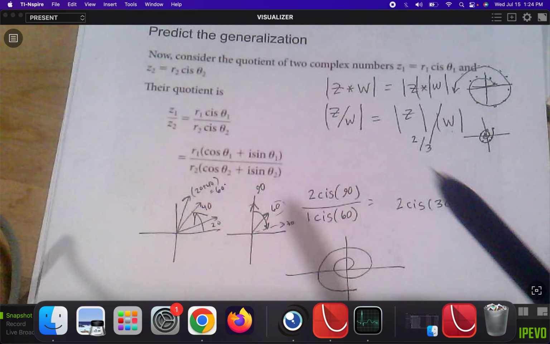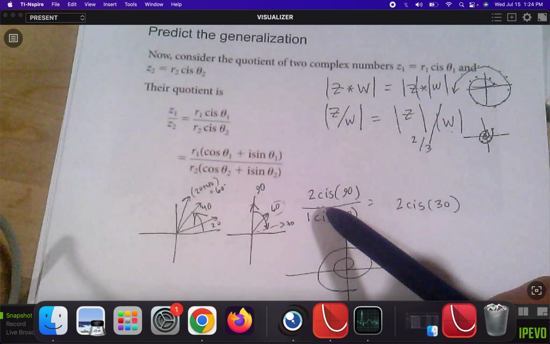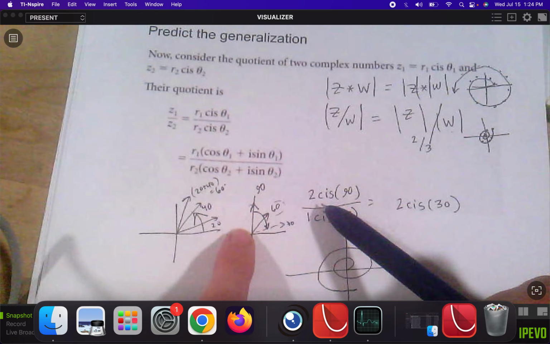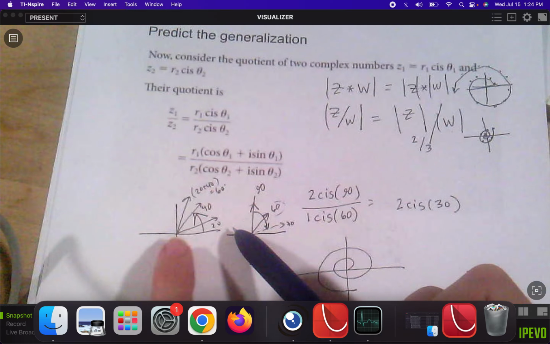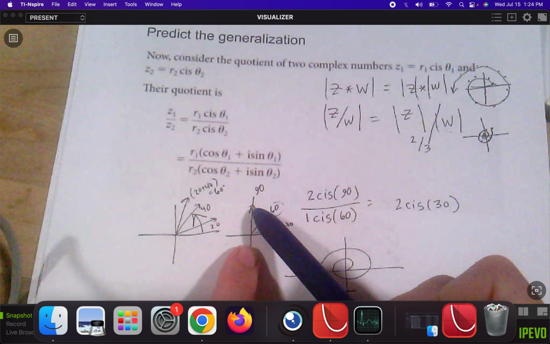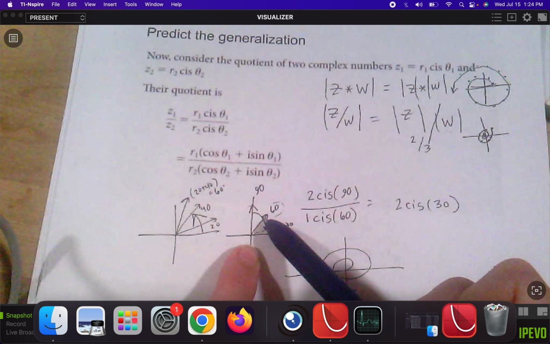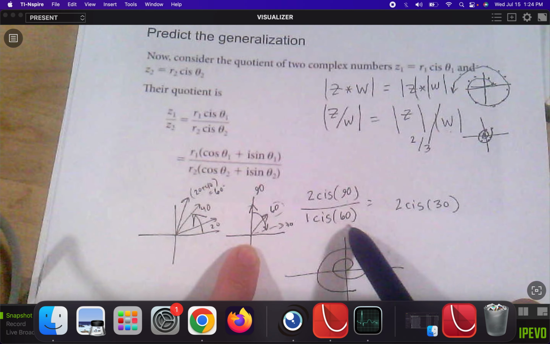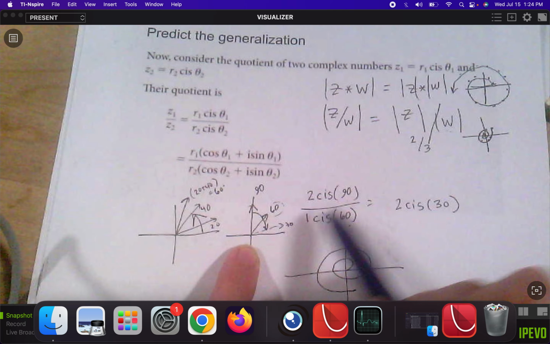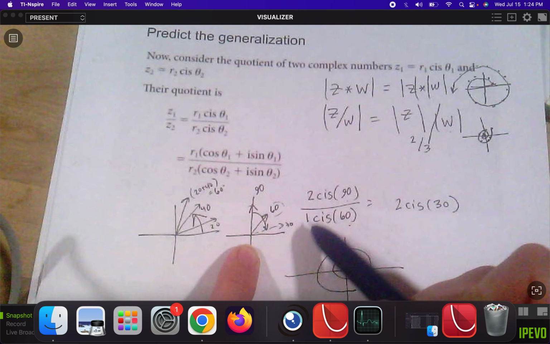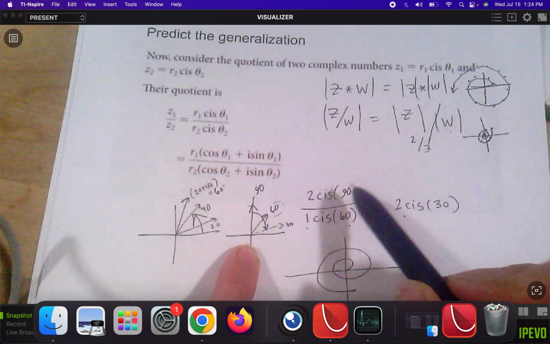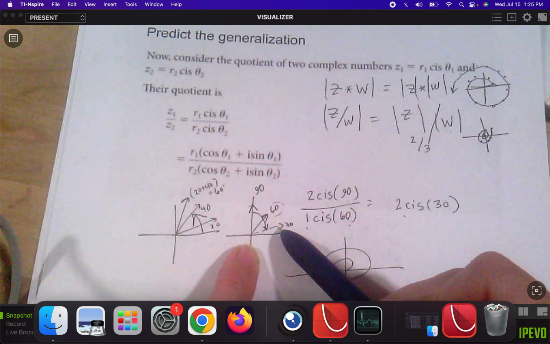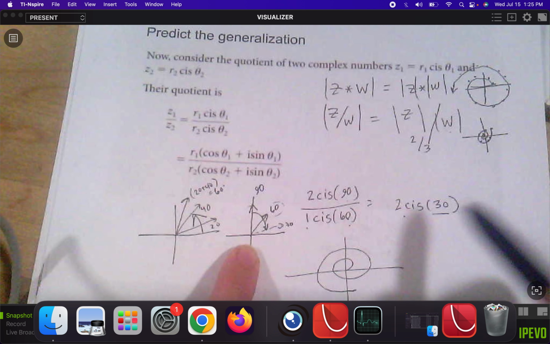So for example, again switching back and breaking the rules so we can use friendly numbers, here's our complex number at 90, and here's another one at 60. Let's say I have 2 cis 90 and 1 cis 60, then the resulting value is just going to be 2 divided by 1, 2 cis (90 minus 60), because it's going to pull that backwards and down, give you 30, okay?